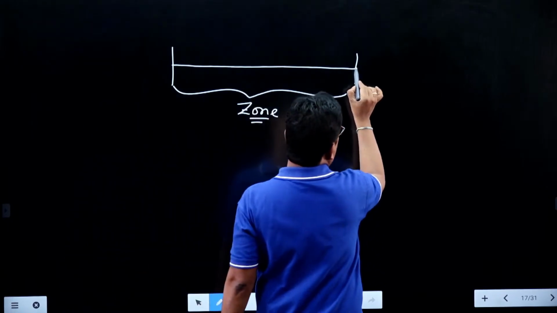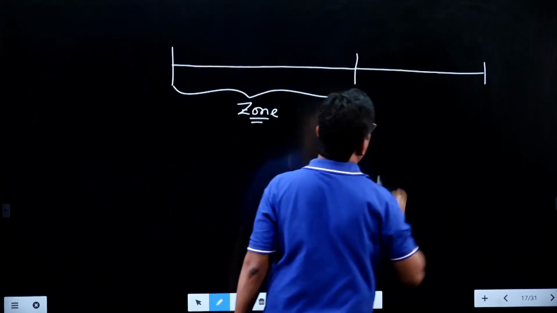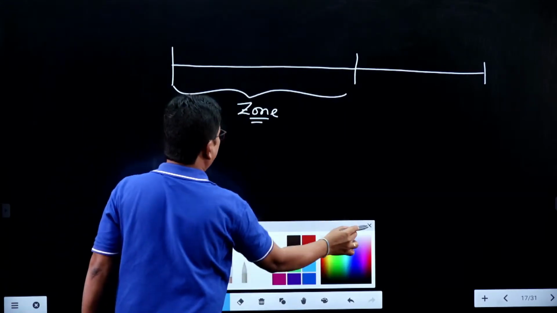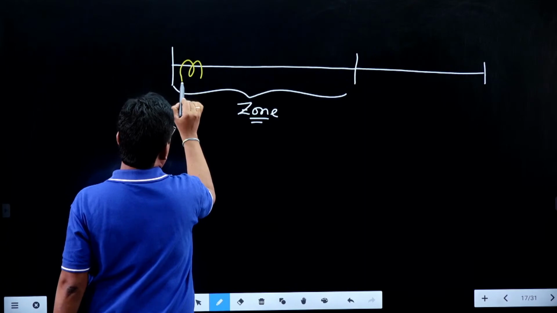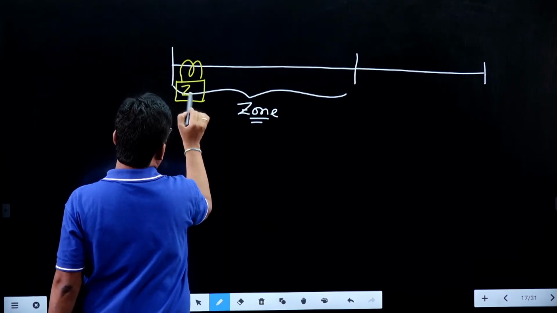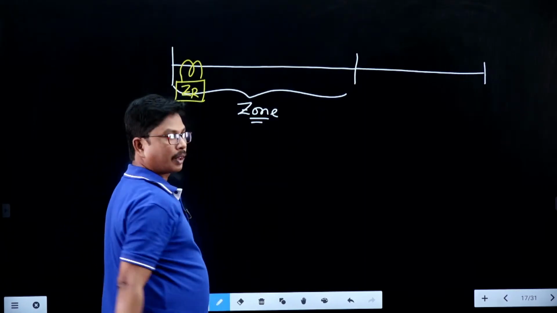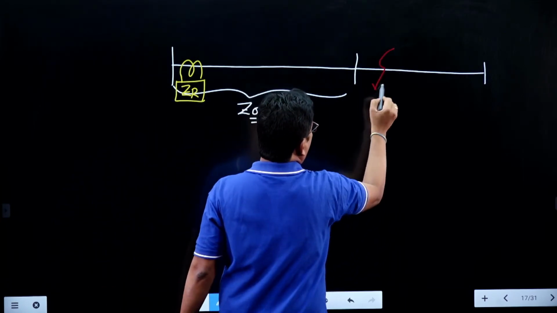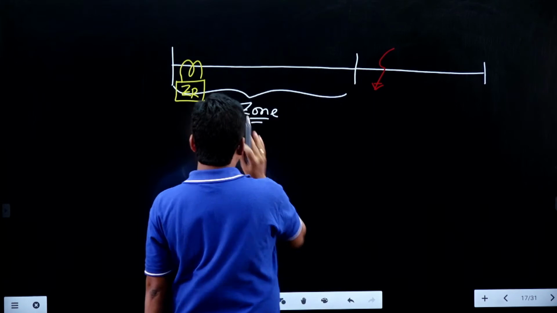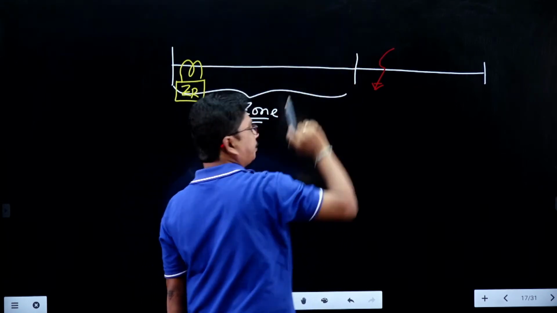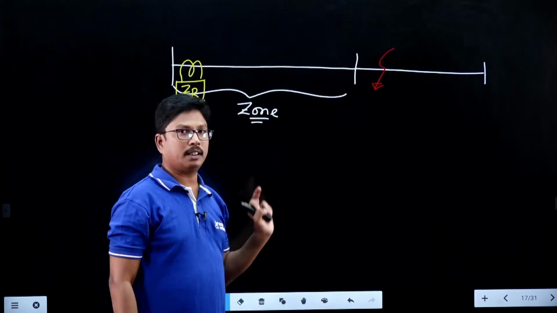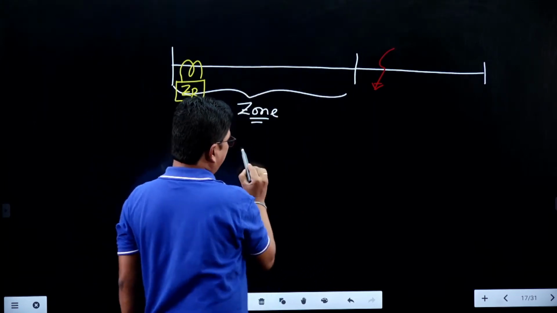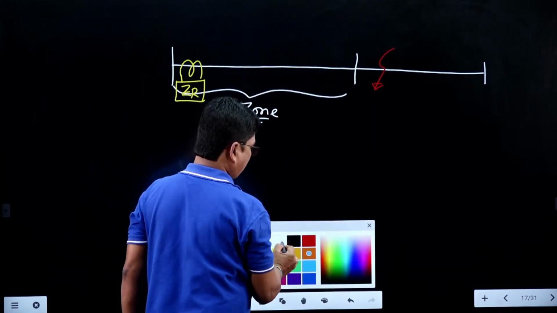And here we have somewhat extra transmission line, and the relay you have connected here has to operate only for the faults within this zone. Suppose you have a fault here, and if this relay is sensing the fault, which is outside of the zone, then that is called the overreach problem.